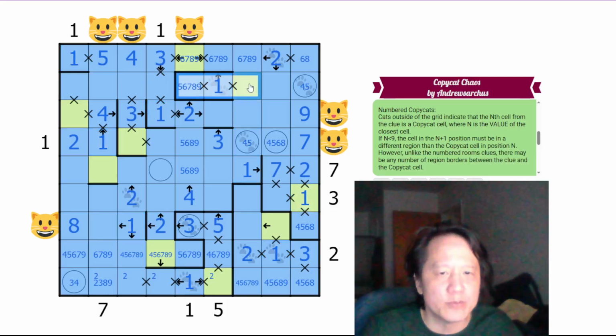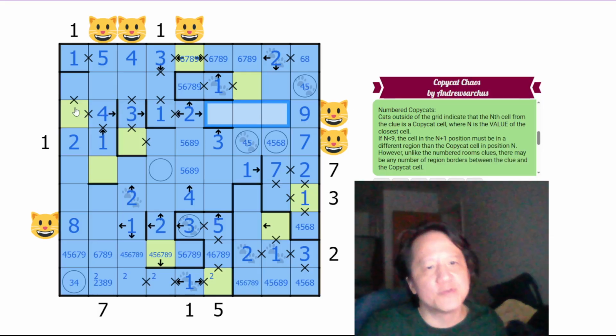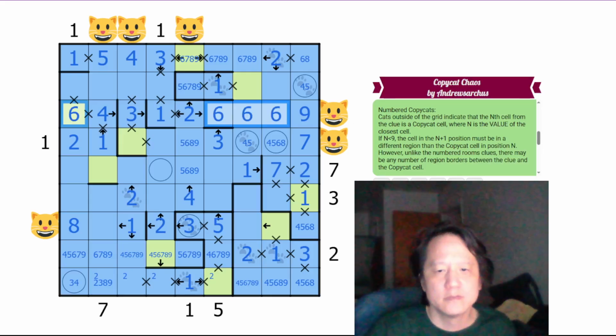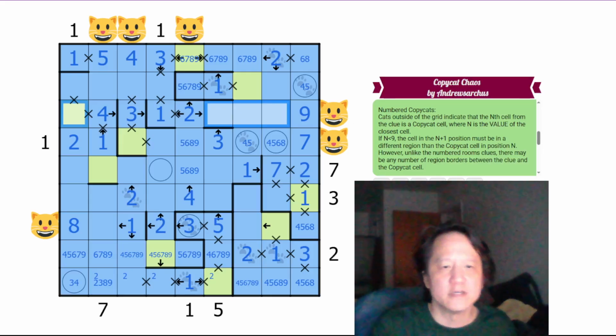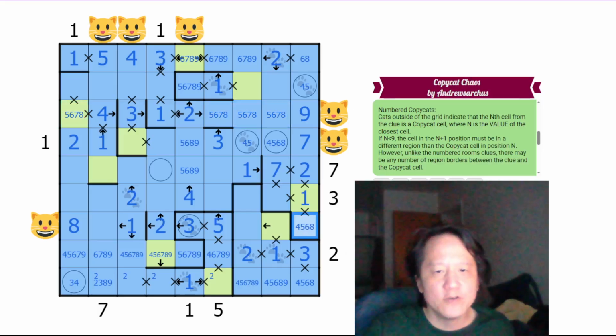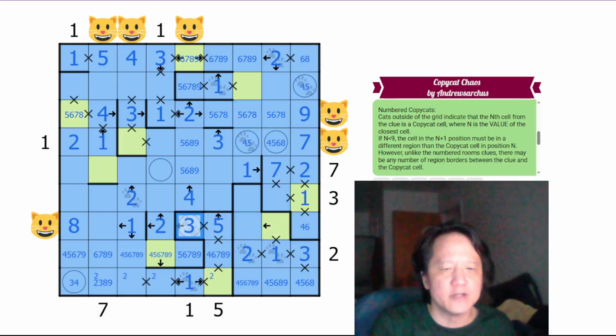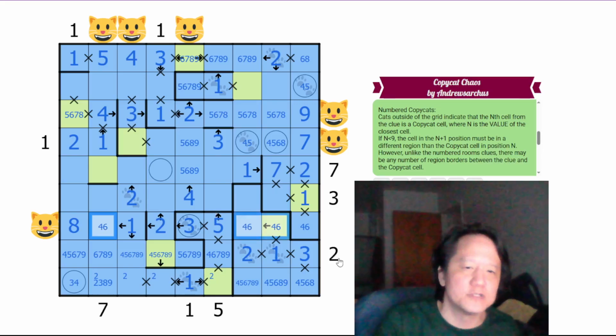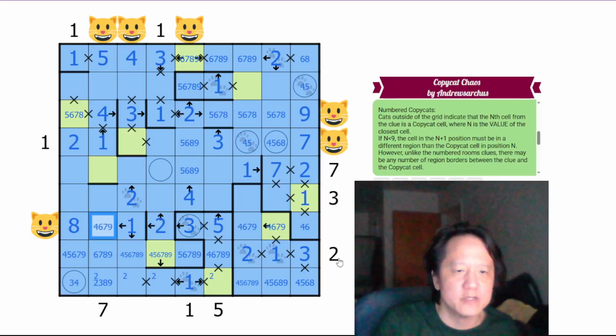These are separate regions. Remaining digits of row 3. We have 5, 6, 7, 8. Oops. I clicked on that. 5, 6, 7, 8. No 5 or 8 here because of 5 or 8 in the row. In row 7, we have 4, 6, 7, 9 as possibilities. No 4 here because of 4 in the column.